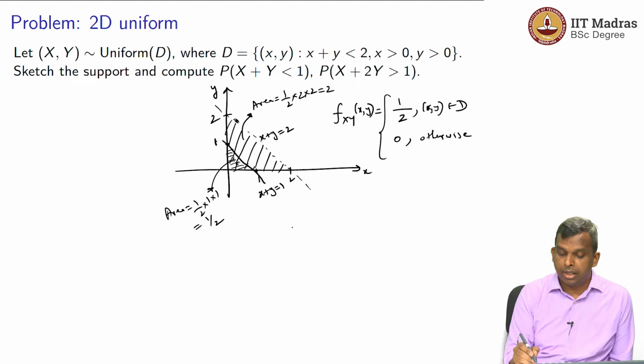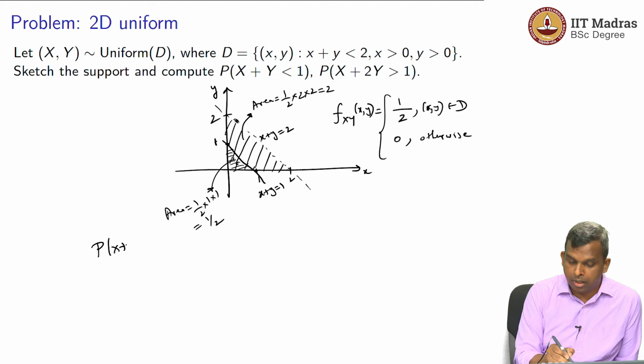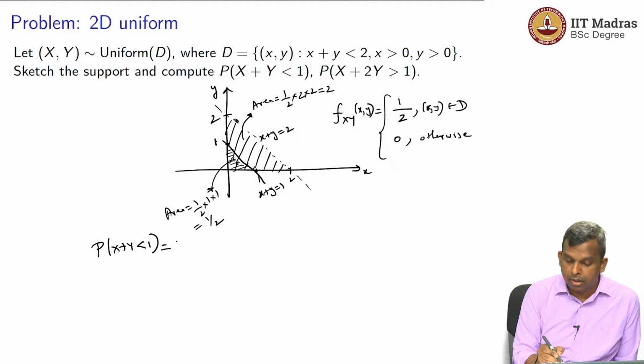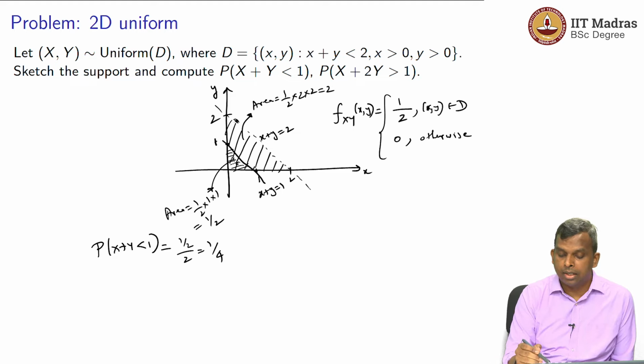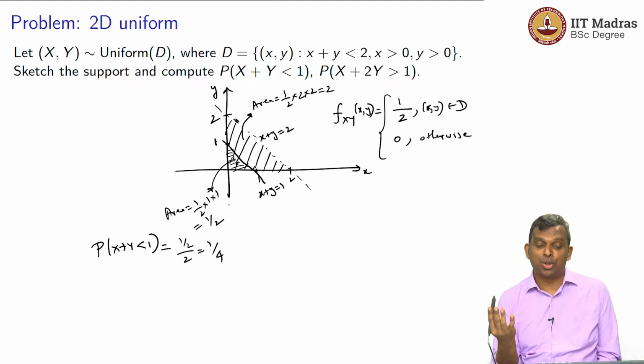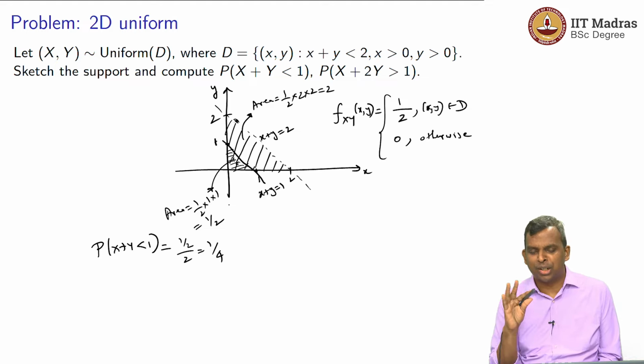So what's the probability that x plus y is less than 1? That is just half divided by 2, that's 1 by 4, right? So the total area is 2, this area is half, so half by 2 is 1 by 4. See, that's the nice thing about uniform distribution. You don't have to do any integration. It is just area calculation. If it's simple enough calculation, you can do it.